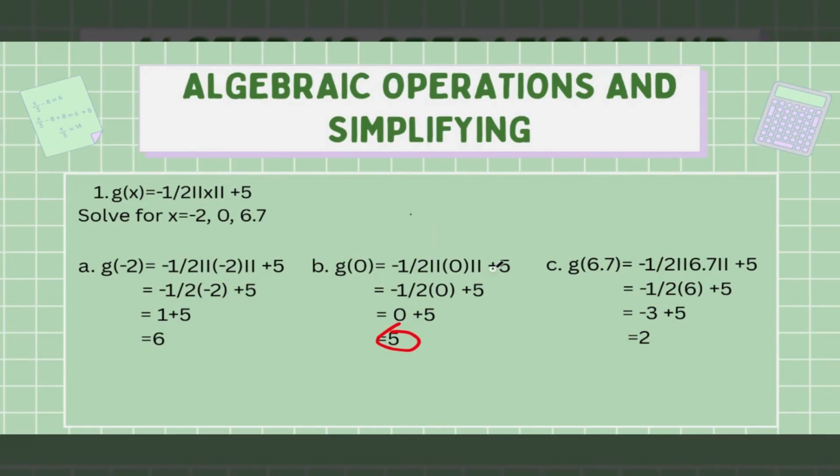Now, here, 0 is already an integer, so we don't have to do much change here. Negative 1 over 2 times 0 plus 5 is going to be 0 plus 5, which is equal to 5. And this is also how you're going to look for your y-intercept.